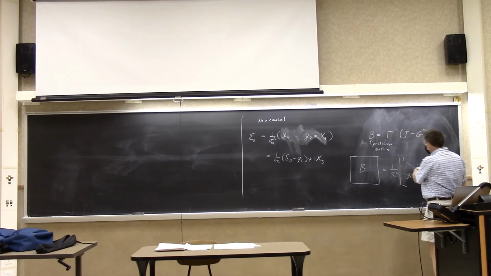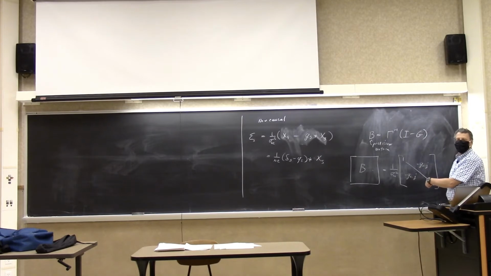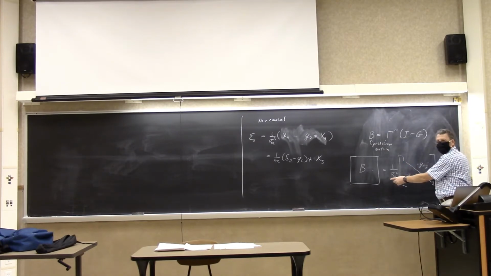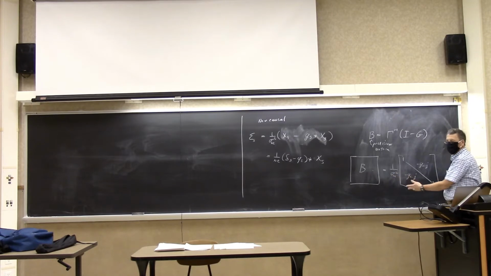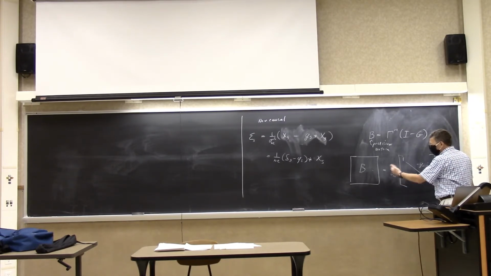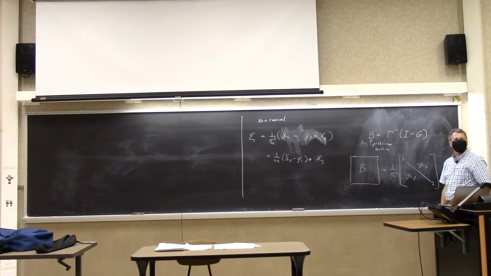So the off-diagonal elements are the non-causal prediction coefficients. The diagonal element is 1, and then this is the normalizing constant. This is the common case where it's homogeneous, or stationary.